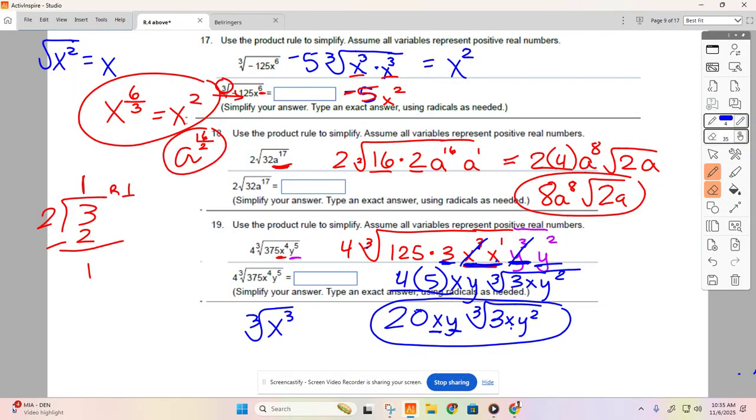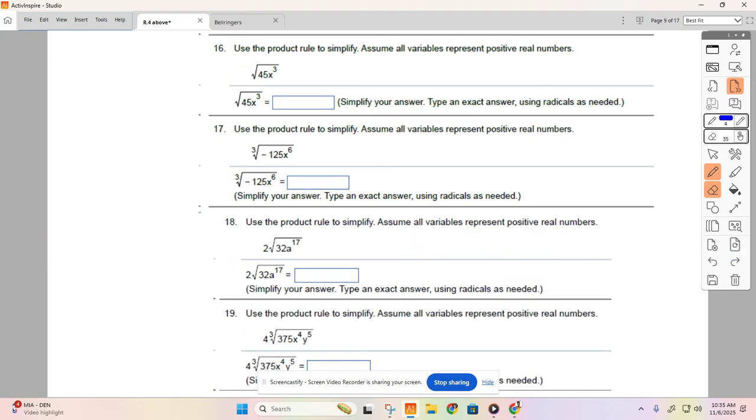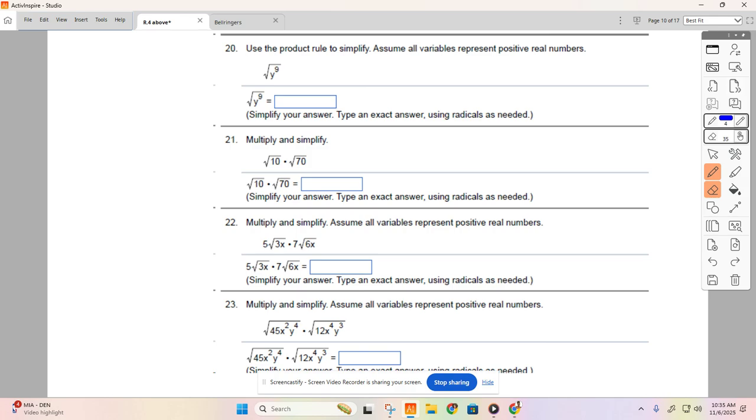All right, let's go to the next one. Square root of y to the 9th. Remember that if it's not written, it's a square root. I want it to be an even number, so I'm going to do y to the 8th times y. That's the same as y to the 9th. One y's going to go outside and one's going to go in.